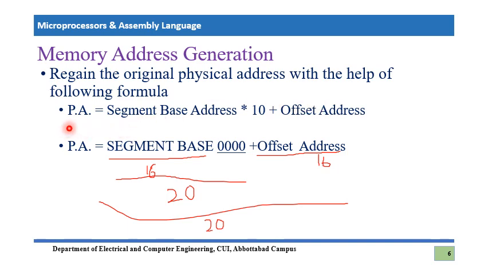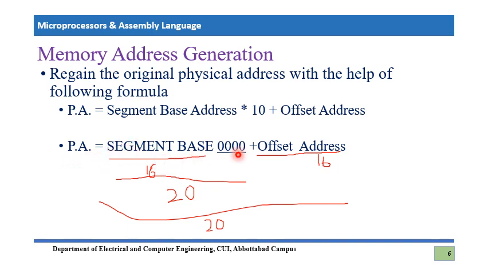So just to summarize, the physical address can be generated in hexadecimal by multiplying the segment base address by 10 and adding the offset part of the logical address. That will be the physical address in hexadecimal. If you are interested in calculating the physical address in binary format, the segment base address will be 16 bits.